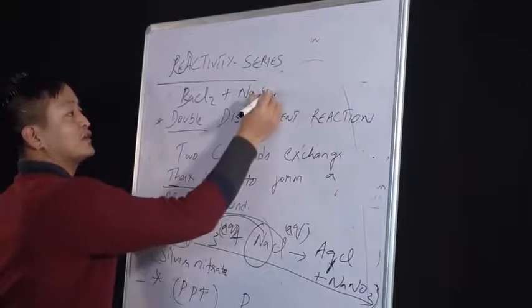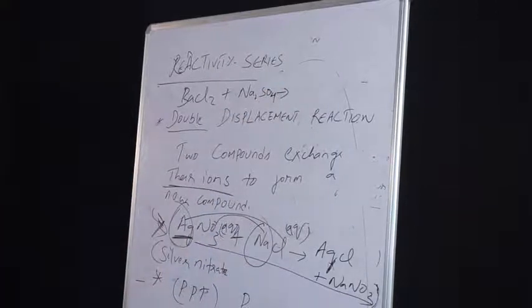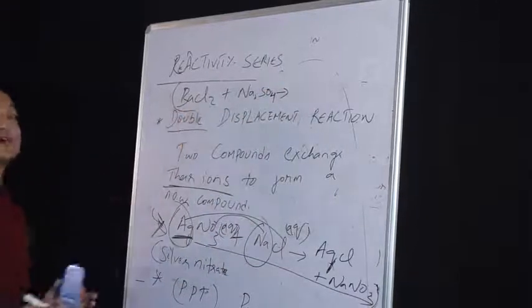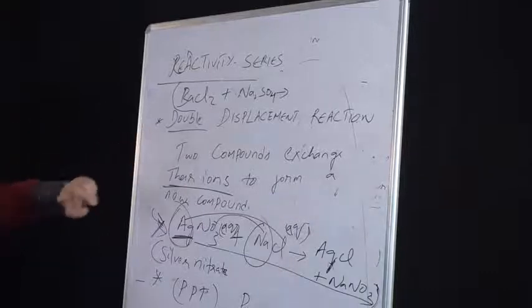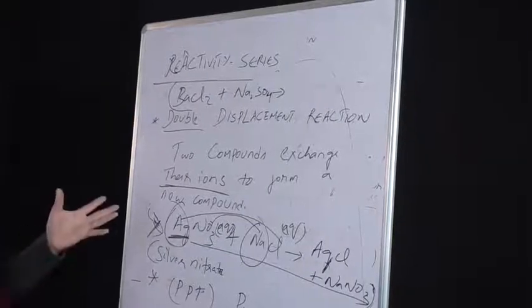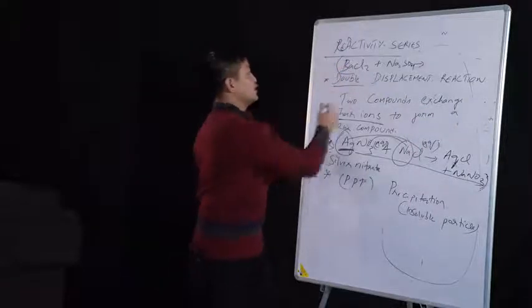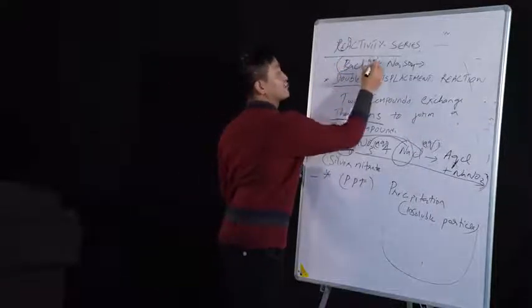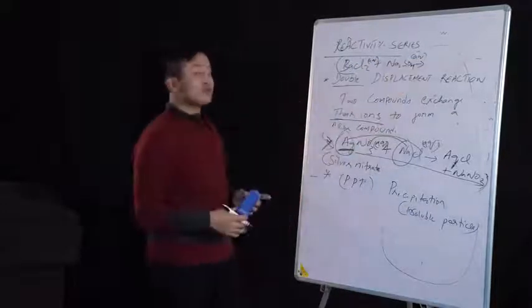Students, just have a look at this equation. You can also write it down: barium chloride, BaCl2, and sodium sulfate, Na2SO4. What will be the result for this reaction? There are two compounds, and both, as I have said, will be in aqueous solution. That means they are in liquid form.